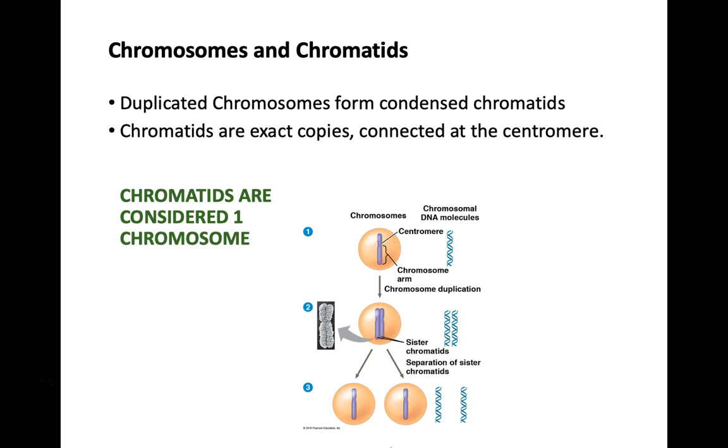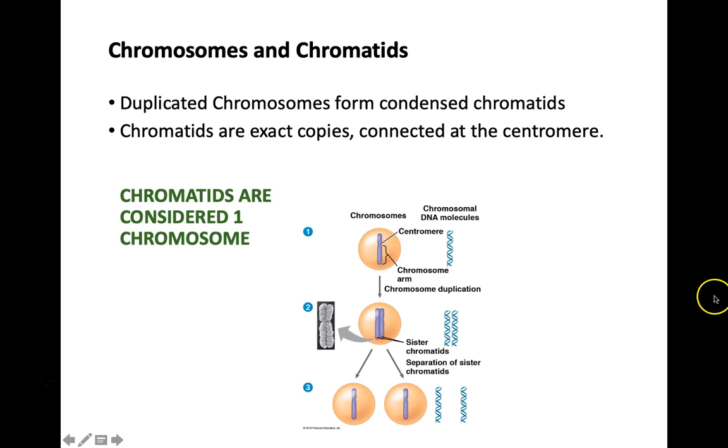They are identical copies of each other attached at the hip. Over here on the right-hand side, we see the duplicated double helix. And then during the process of cell division, those chromosomes are going to be pulled apart and separated into daughter cells. So at the end of mitosis, all of the cells should have exact copies of all of its chromosomes.